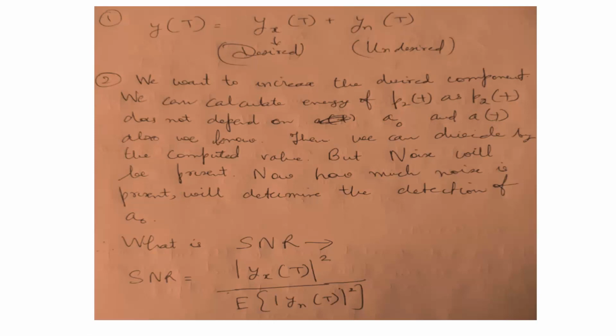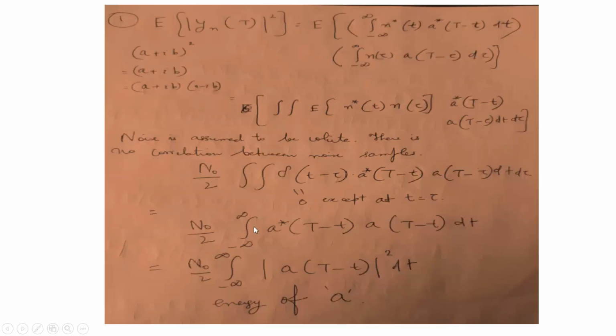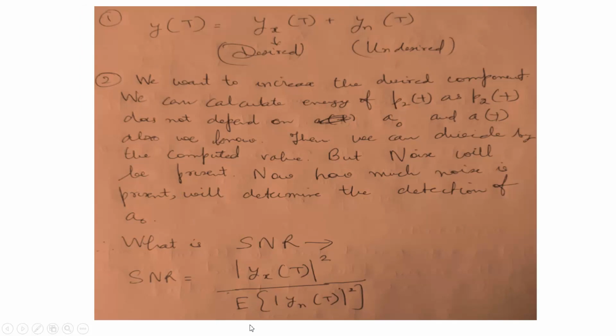So at the receiver end, after passing it through the filter, we have got this energy of A factor. Now the signal to noise ratio will be given by, so this is my noise component. I have calculated the expected value of the noise.